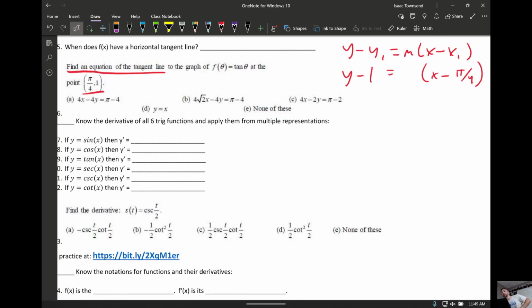But to know the slope, you have to understand that slope and derivative are basically the same thing. I want to know the derivative when x is pi over 4. So what is the derivative of tangent? Secant squared. Okay. Secant's the reciprocal of cosine. So what's the cosine at pi over 4?